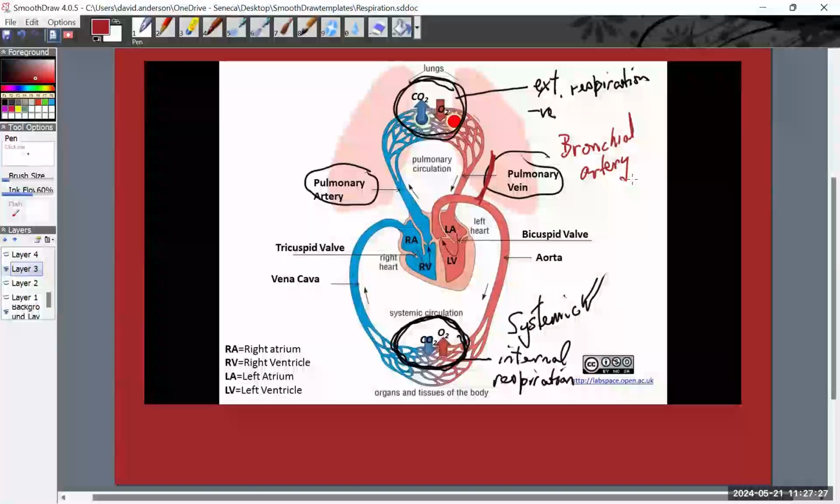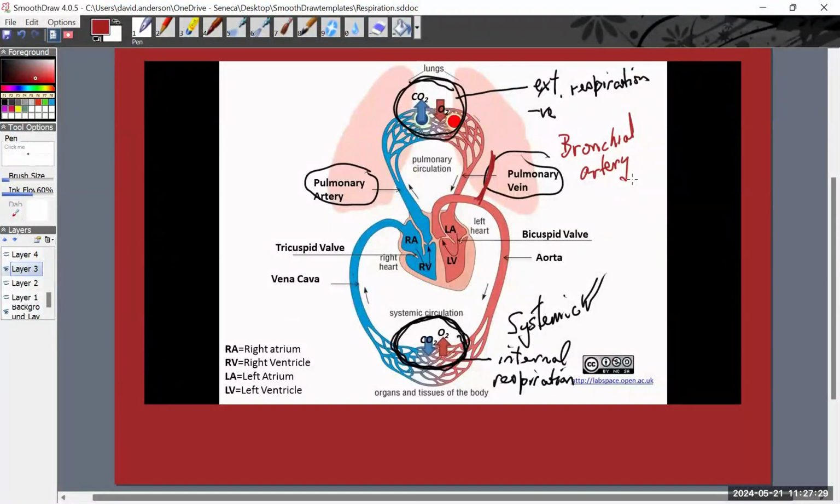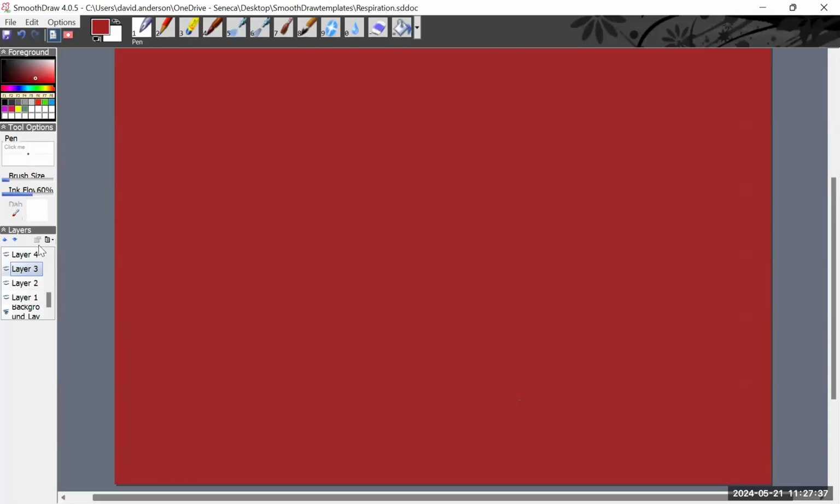Okay. So again, what we want to be aware of with what we've been talking about so far is that we have an airway, a pathway that's delivering air from the external environment. Let's try to summarize what we've been talking about so far.